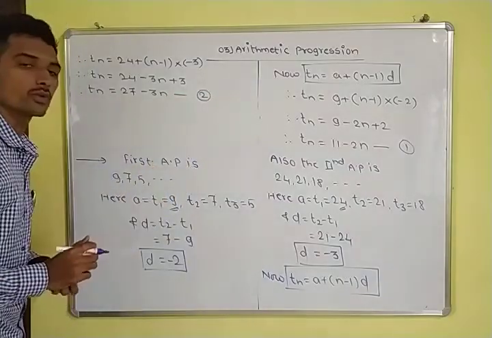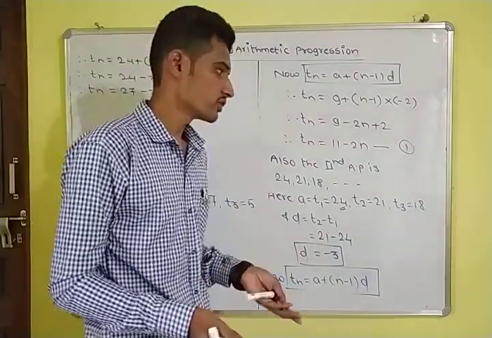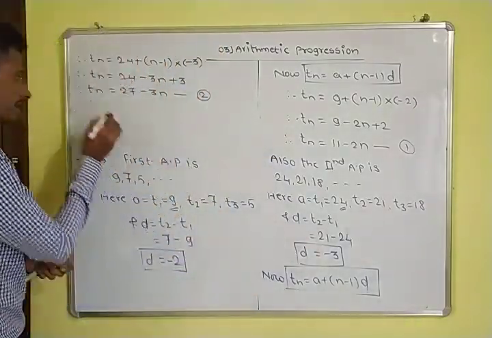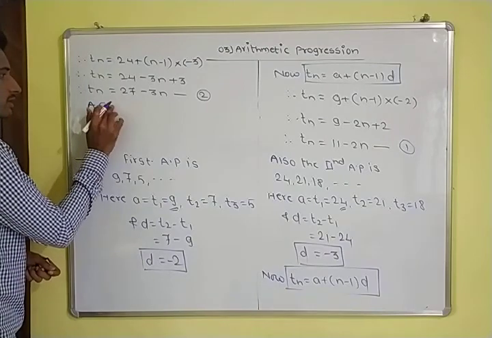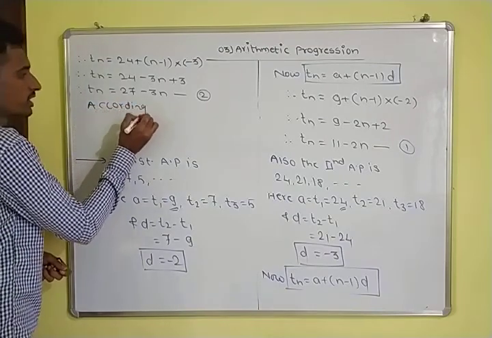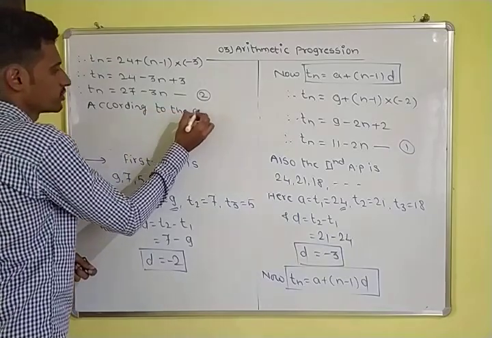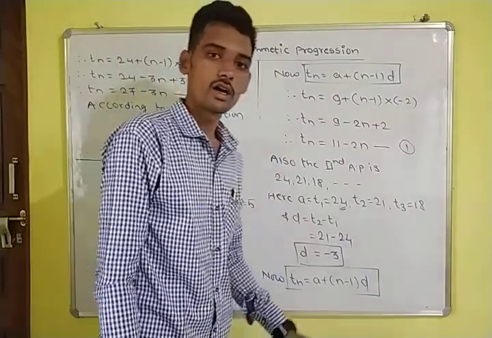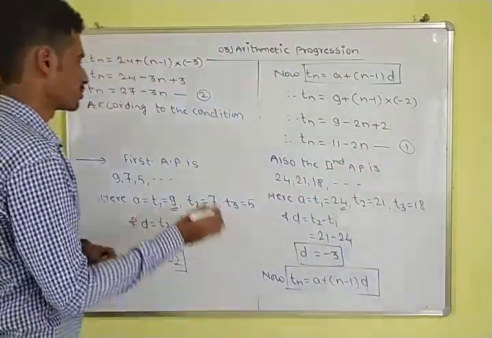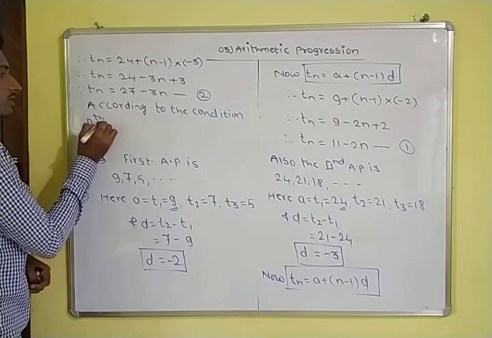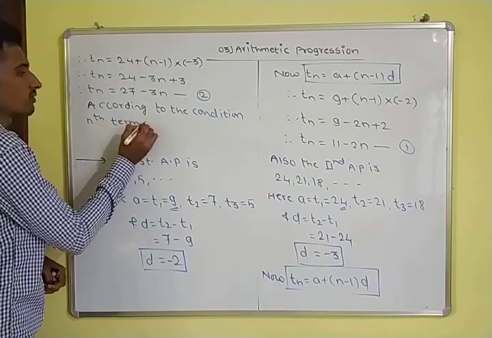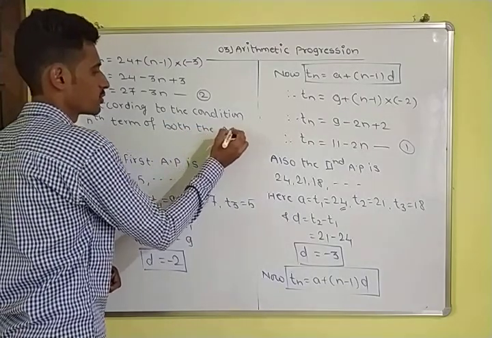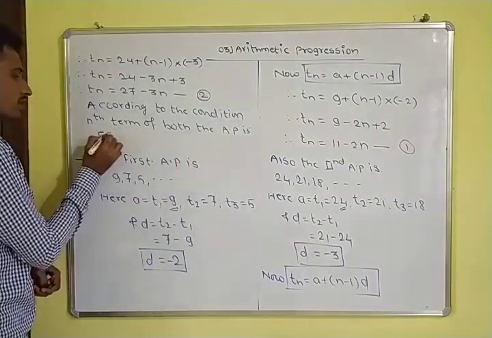This is the second equation. According to the condition, the nth terms of both arithmetic progressions are equal. What is the condition? The nth term of both the arithmetic progressions is equal.